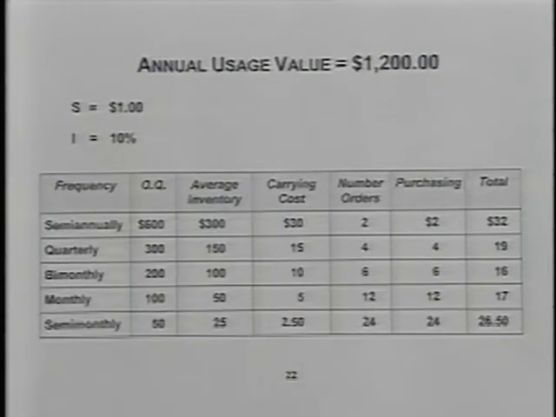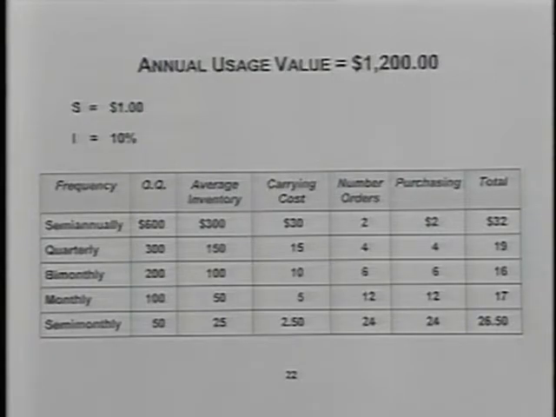Now, you'll take a look at that right-hand column, and let's see what happens as we increase the frequency of purchasing. The total cost is starting to come down, and the reason for that is the average inventory is coming down, and its associated carrying cost for that average inventory is likewise coming down.